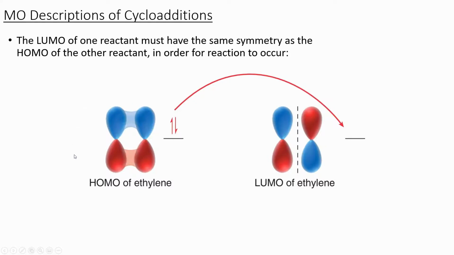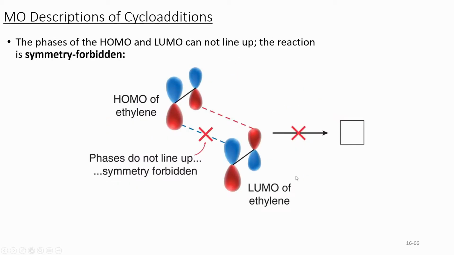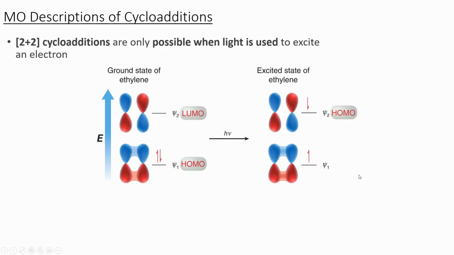The highest occupied molecular orbital of ethylene and the lowest unoccupied molecular orbital of ethylene. If we try to align those orbitals, we see that it's forbidden through the symmetry. We are not able to overlap the orbitals, and so the reaction does not occur.